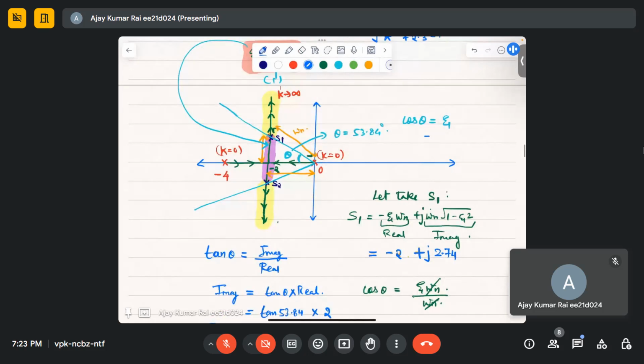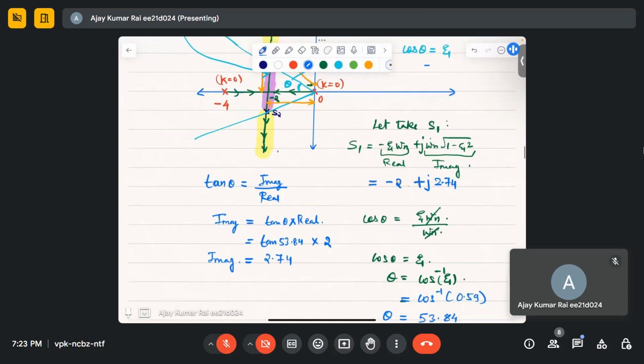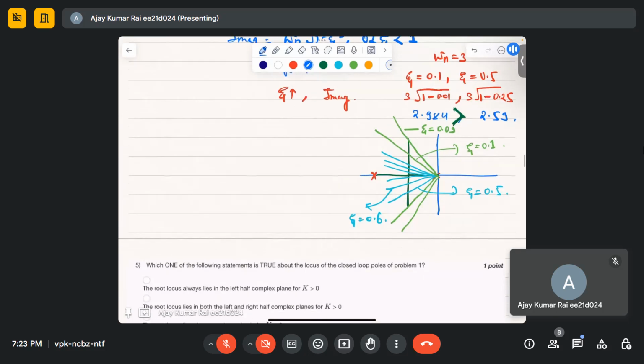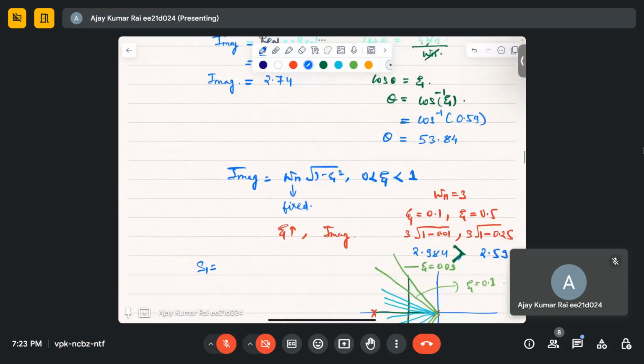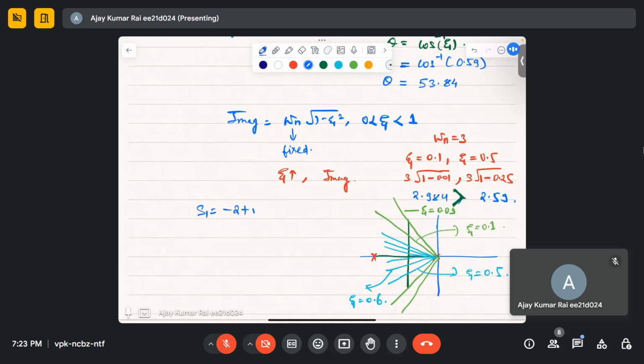So we know S1 and S2. Now S1 is equal to minus 2 plus j 2.74 and S2 is minus 2 minus j 2.74.